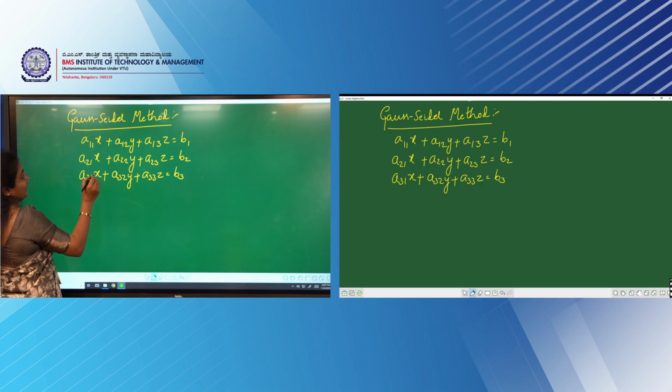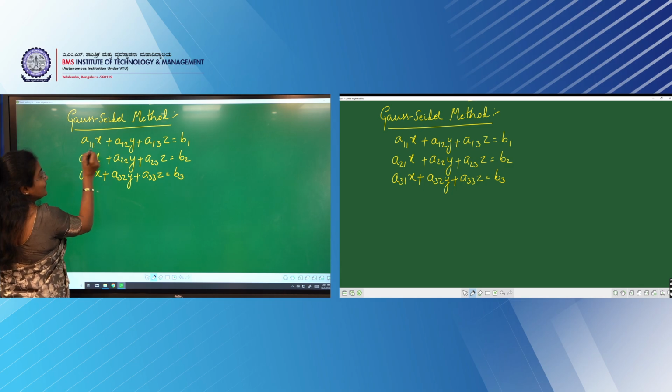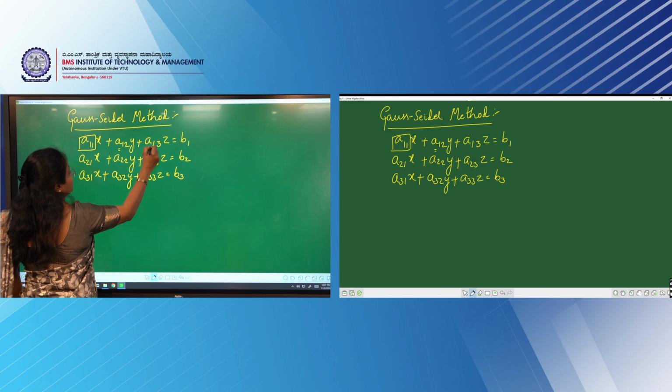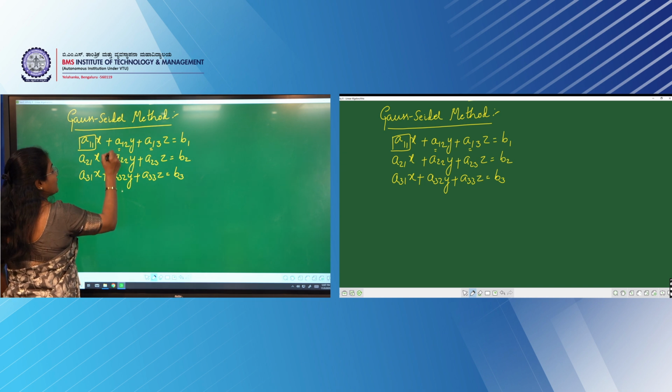The first thing here is diagonally dominant elements. In the first equation, the coefficient of x should be large compared to the other two coefficients. In the second equation, the coefficient of y should be large comparatively.